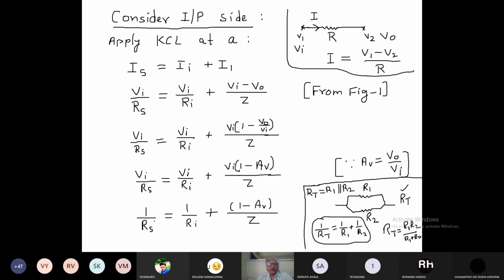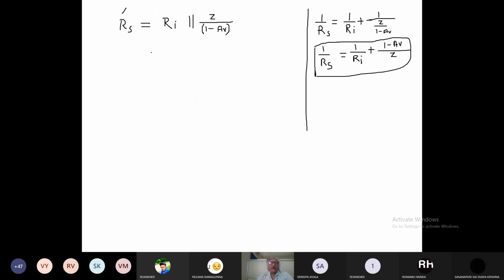You see the last expression. What is the last expression? It is 1 by Rs is equal to 1 by Ri plus (1 minus AV) by Z. So this indicates that Rs is equal to Ri in parallel with Z by (1 minus AV).